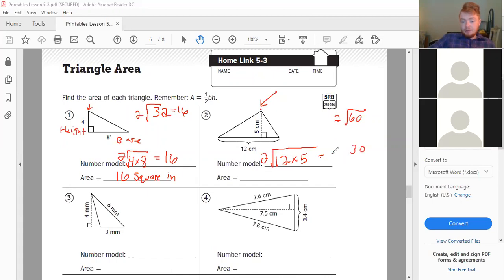Perfect. So we would get 30. All right, guys, this is our number model. We did base times height, 12 times 5, and then divided by 2, or half of that, which was 30. Good. So the area equals 30.